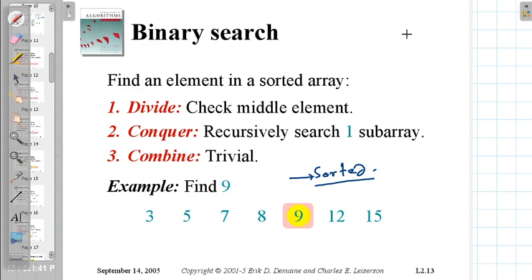At that time you should not say we can. We cannot have binary search on an unsorted array. I am repeating this again and again. You should not say that.